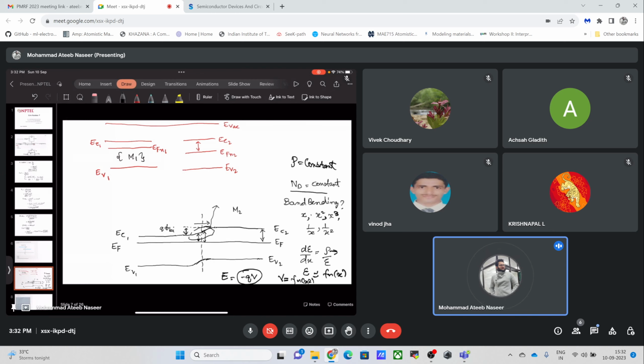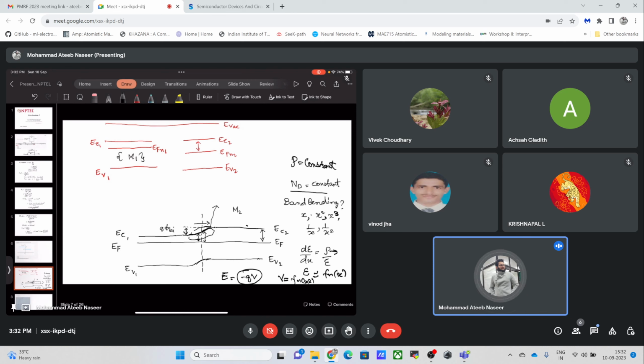So for constant doping, in the p junction and the n junction, for example, here it is n kind of material on both sides, when these materials are brought in contact with each other, there will be some band bending at the interface, and this band bending will be a function of x with x being the square power.